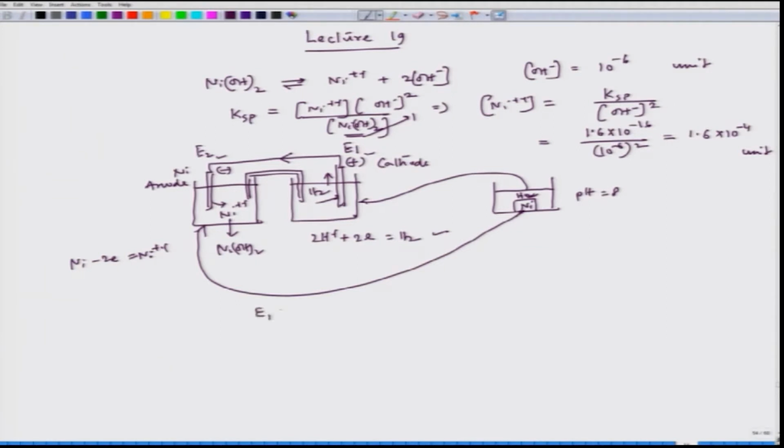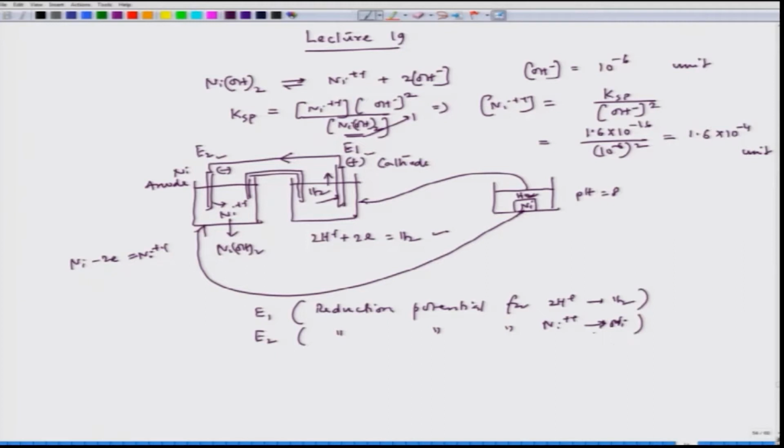So, E1 is the reduction potential for H⁺ going to H2 and E2 is the reduction potential for Ni++ going to Ni.